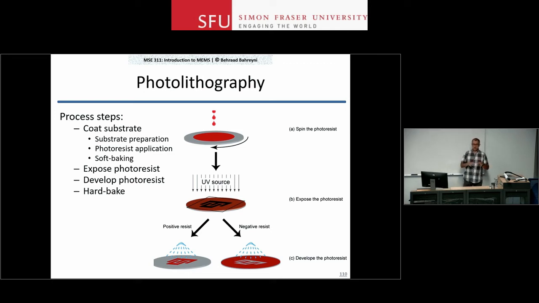And what it does is that it makes the remaining photoresist on the wafer more chemically stable, so that in the future processing steps, it's not removed easily, which is critical, because normally the next step after lithography is an etching step that is relatively harsh.